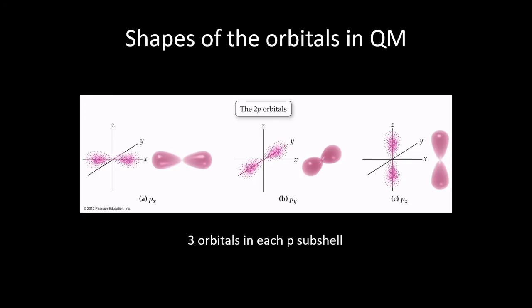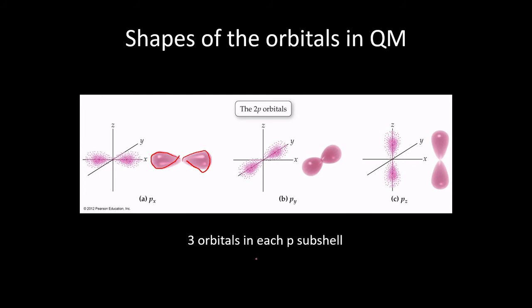The p subshells, which is the next one up after the s, these have a different shape. They're more dumbbell-like shapes, where you have kind of 2 balloons that are touching in the middle. And the p subshell doesn't have just 1 orbital, it has 3. As we go from one subshell to the next, we are always going to add 2 orbitals.